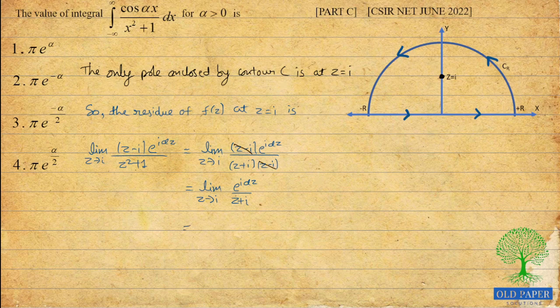So this is calculated as e to the power i square alpha upon i plus i, which gives us the value of e to the power minus alpha upon 2i, which is the required residue of f of z at z equals i.